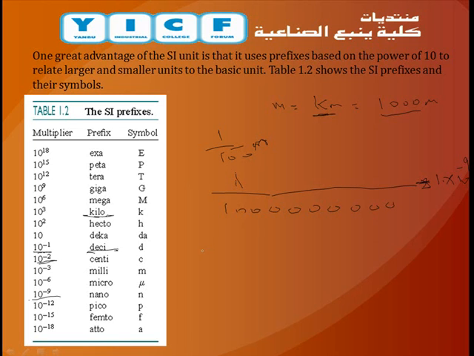For example, if I have this amount, 0.00036 seconds, instead of writing it in this form, I can say it's 360 multiplied by 10 to the power minus 6 second, or I can write it as 360 microseconds.